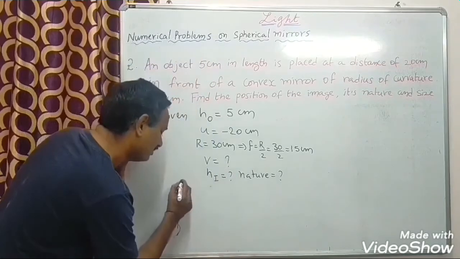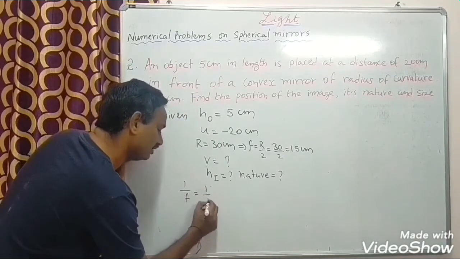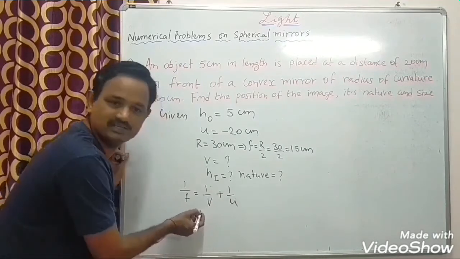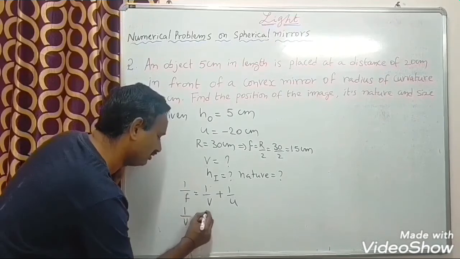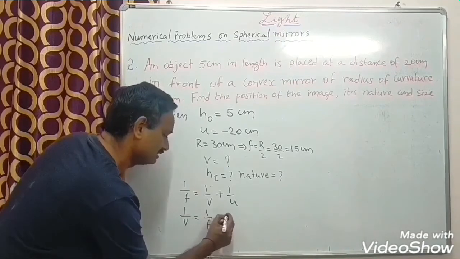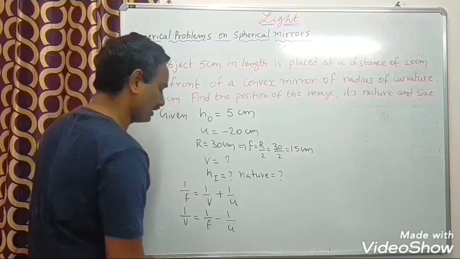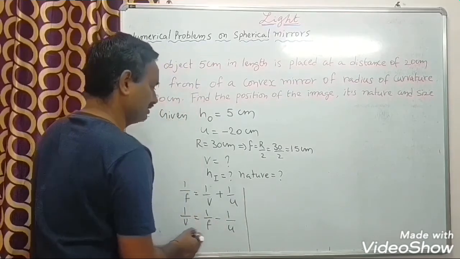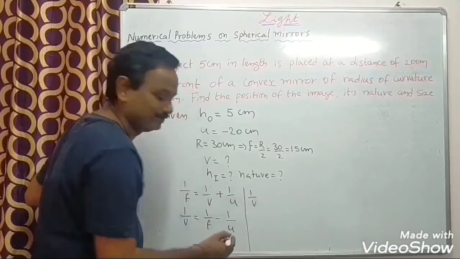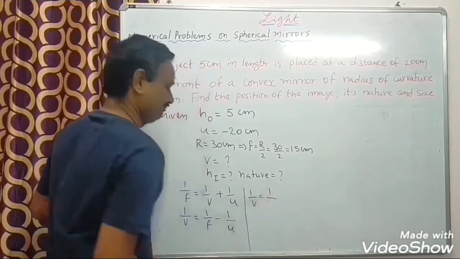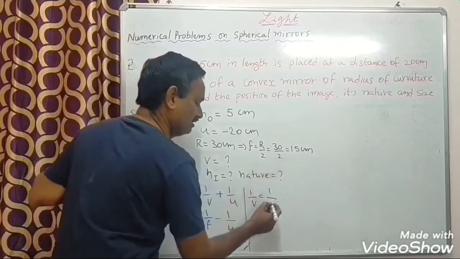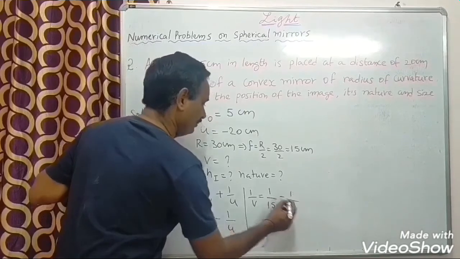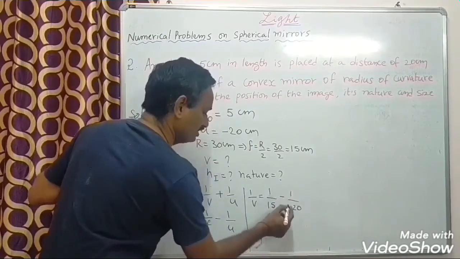Yes. Mirror formula: 1 by f equal to 1 by v plus 1 by u. From that I need to find v, so I will make v the subject. 1 by v equal to 1 by f minus 1 by u. 1 by f is 1 by 15, minus 1 by u. 1 by u is minus 20, so minus into minus is plus.